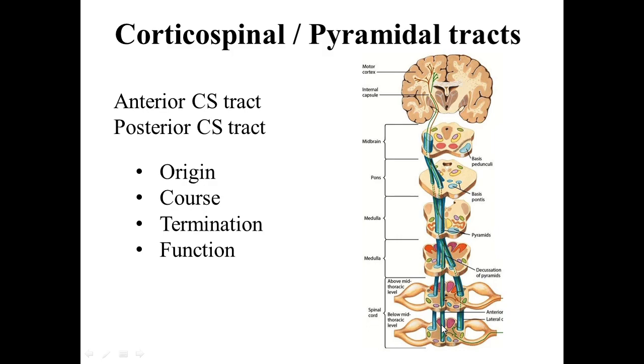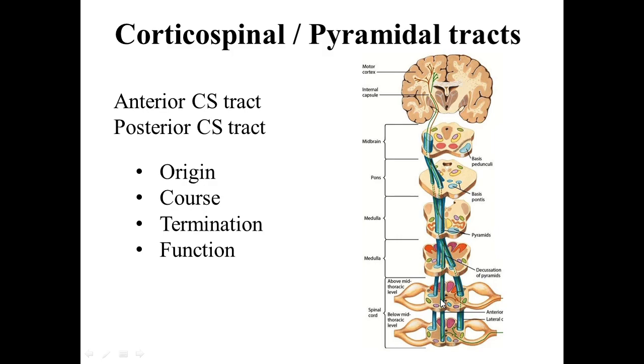On reaching the appropriate level of the spinal cord, these fibers cross to the opposite side and terminate in the grey matter of the spinal cord. And the remaining 2% of fibers descend in the lateral funiculus on the same side and join with the lateral corticospinal tract.